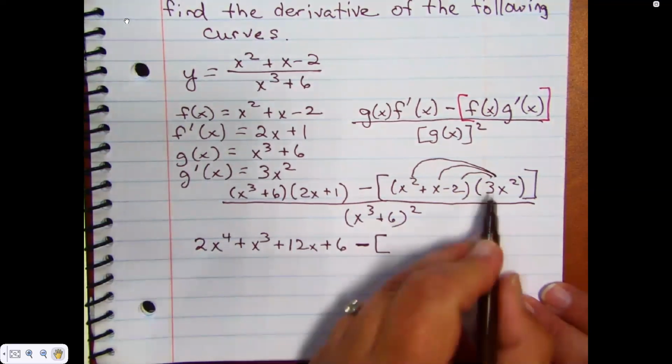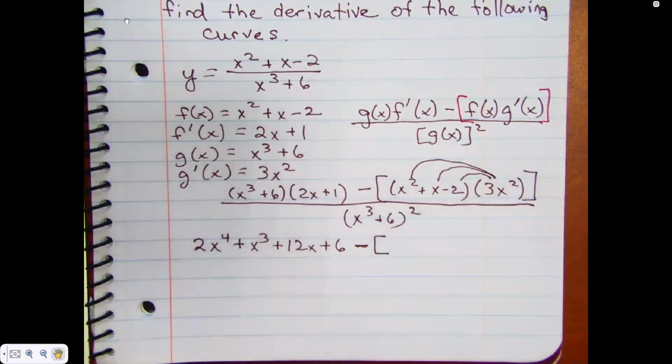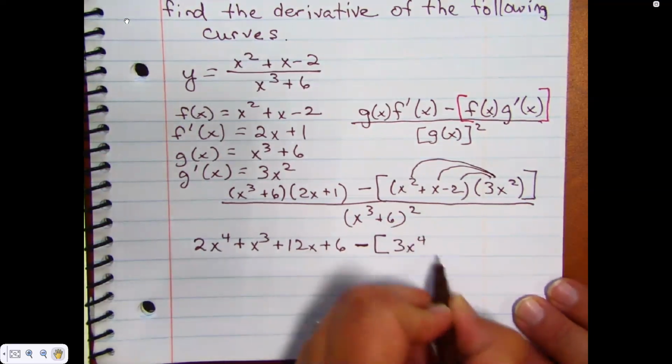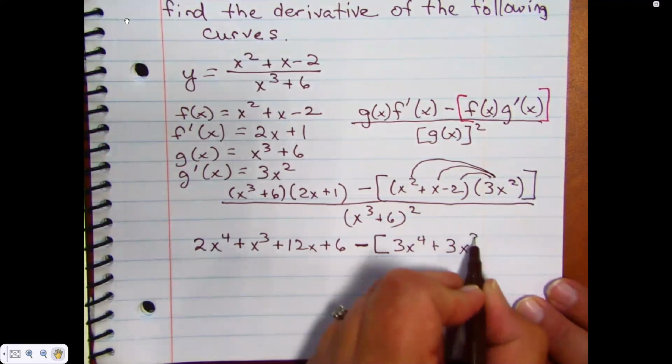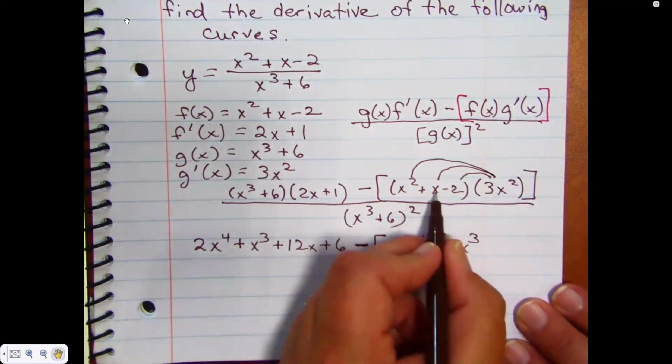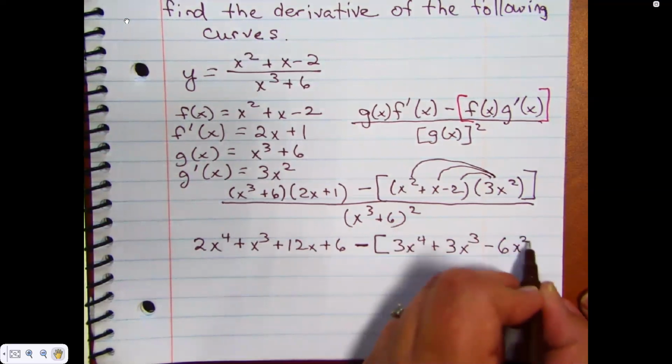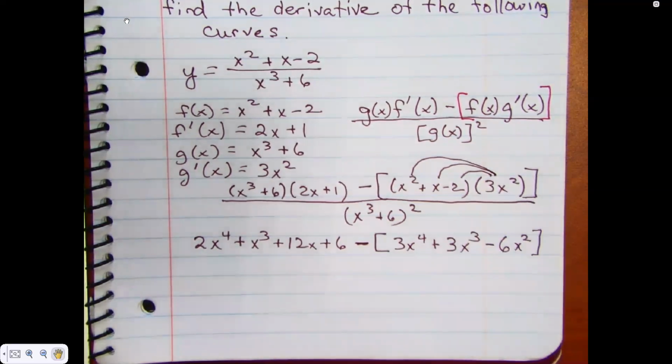What do you do with the exponents when you're multiplying? You add them. So 3x to the fourth plus 3x to the third, x squared and another x, just add those exponents, minus 6x squared. And then we have to take one more step and distribute the negative.